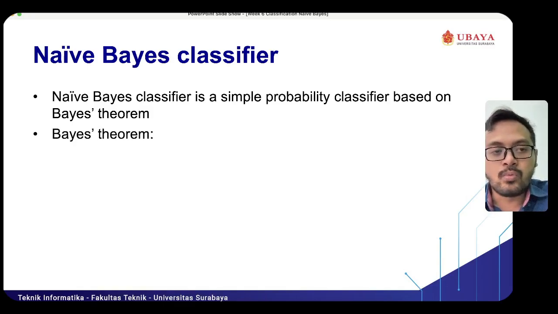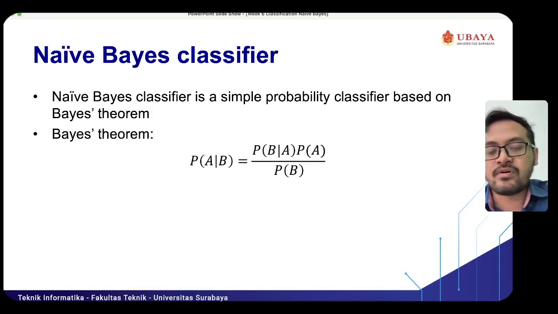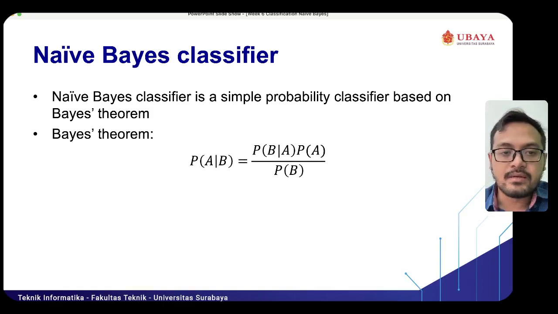Okay, so what is Bayes theorem? We have a formula here. P represents the probability, and A and B are events. We read P(A|B) as the probability that event A occurs given the B event.